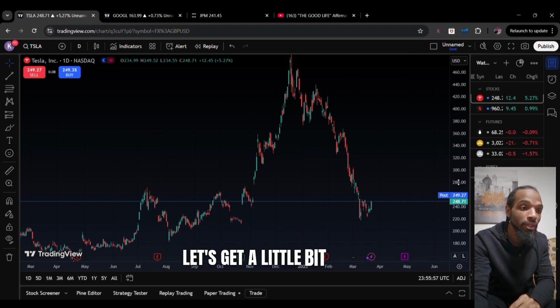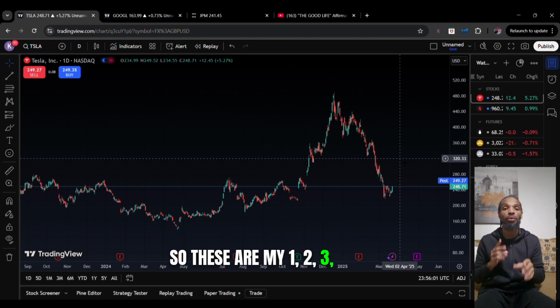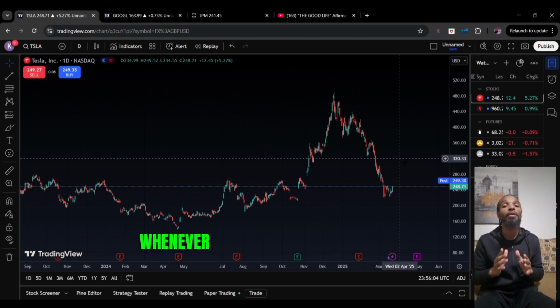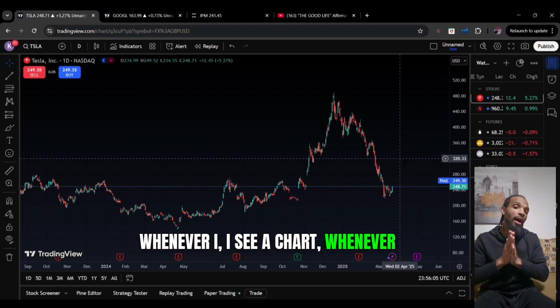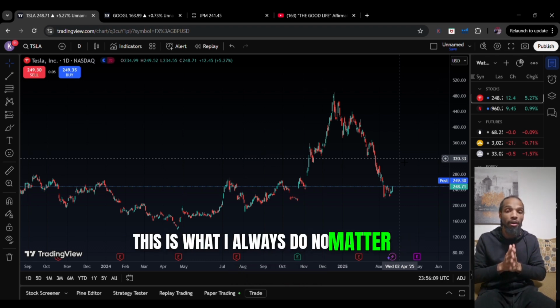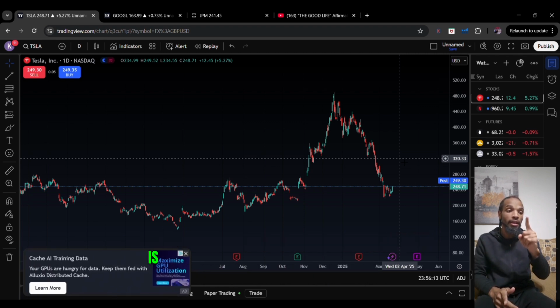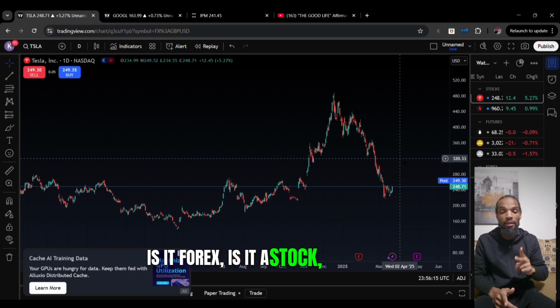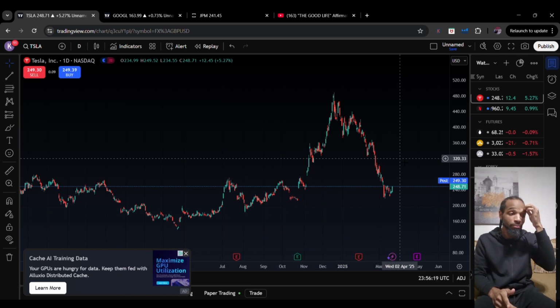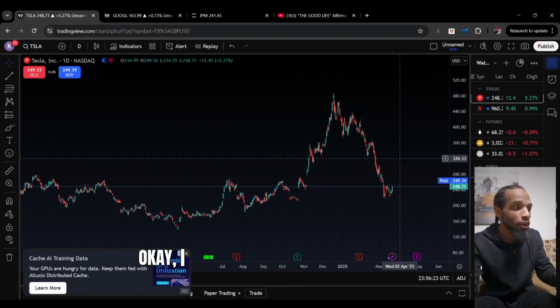Let's get a little bit deeper. These are my 1, 2, 3, 4 steps whenever I'm looking at a chart. This is what I always do no matter what. One, know what I'm looking at. Is it Forex? Is it a stock? Is it crypto? Since we're on Tesla, I know I'm looking at a stock.